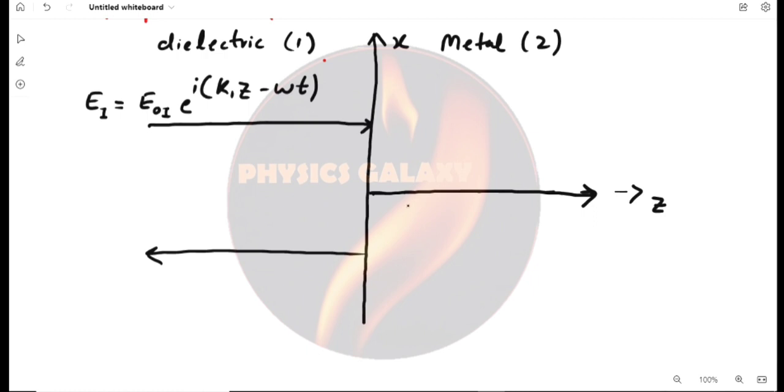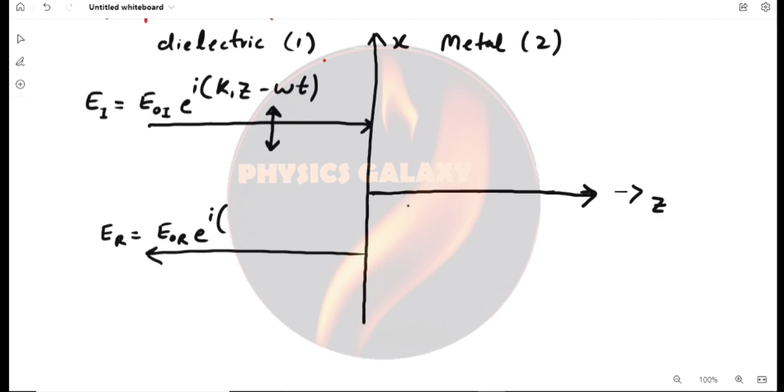For the reflected light, we're assuming the electric field is oscillating in this direction, parallel to the interface. So the reflected electric field will be E_R equals E naught R, the reflected amplitude, times e to the power iota.